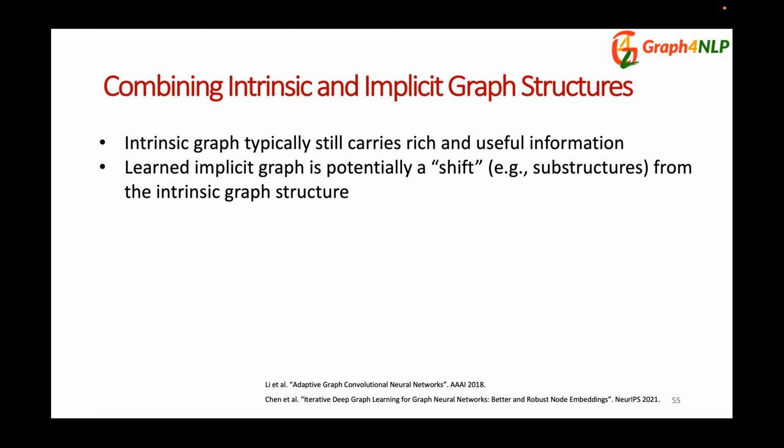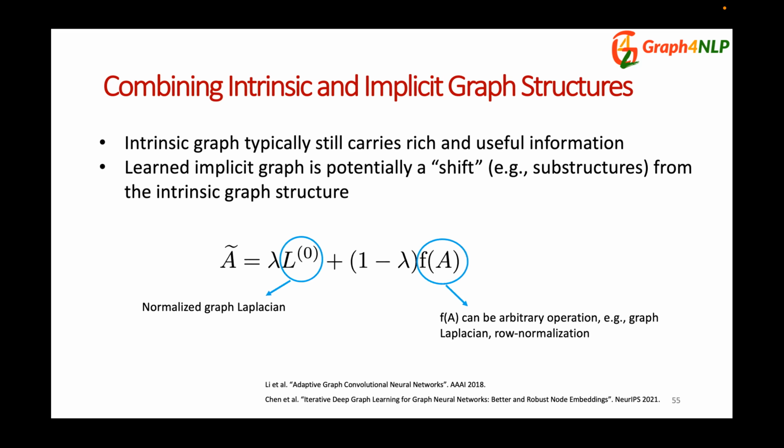One common way to do this combination is to compute a linear combination of the normalized graph Laplacian of the intrinsic graph structure and the normalized adjacency matrix of the implicitly learned graph structure. And we can apply various normalization operations to the learned adjacency matrix, such as graph Laplacian or row normalization.